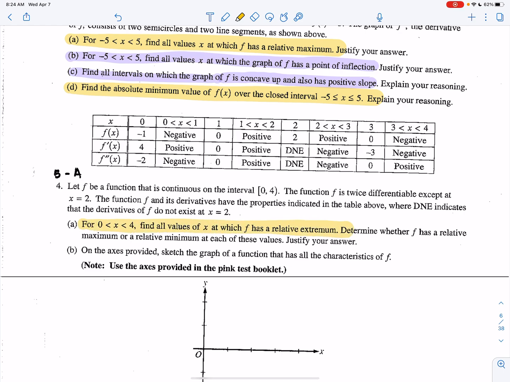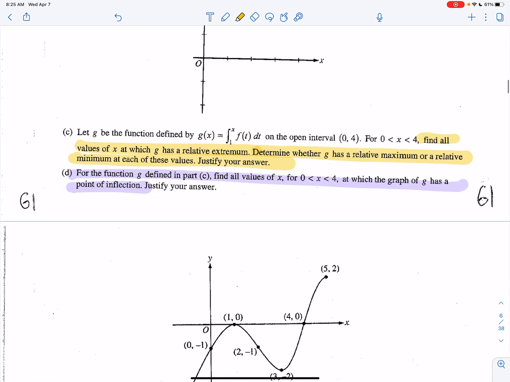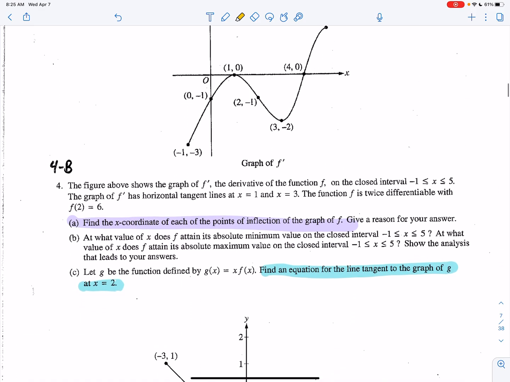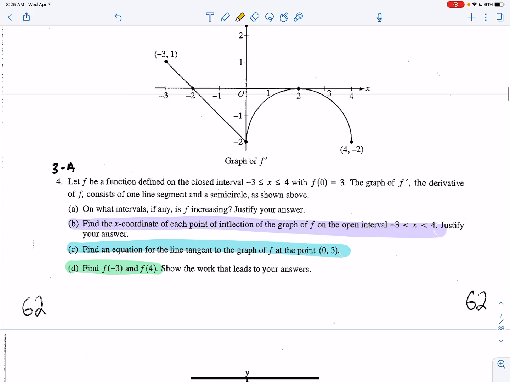relative extremum. That's just plural for multiple extremas. Determine whether it has a relative max or min at these values, okay? In part C, determine whether G has a relative max or min at these values. I should highlight that first part too. Okay, absolute max in 2004. 2003, I could highlight the first one, but I'll just leave that there for you guys.